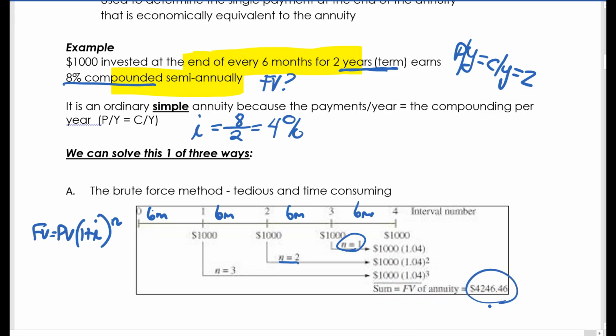The future value of that ordinary simple annuity is $4,246.46. In other words, if you put away $1,000 twice a year for 2 years, with an interest rate of 8% compounded semi-annually, at the end you would have $4,246.46. That's the long method.